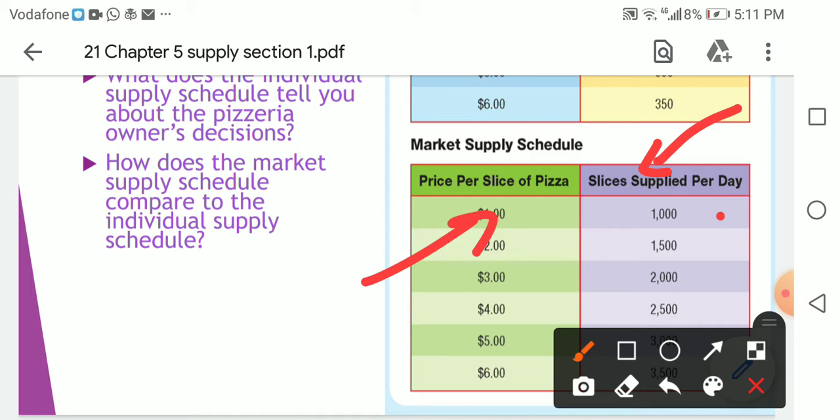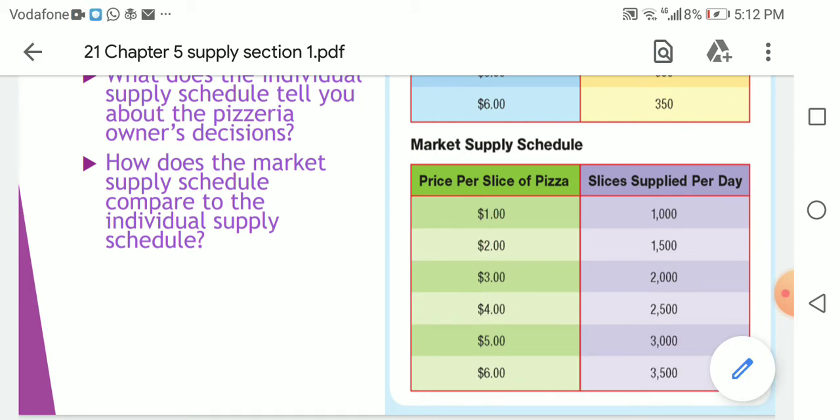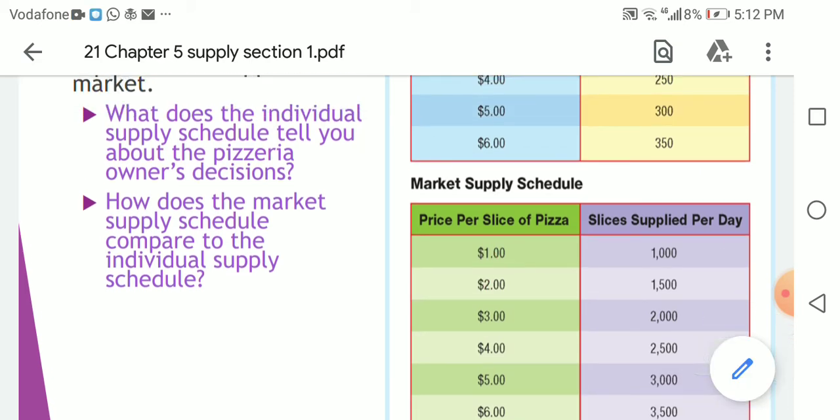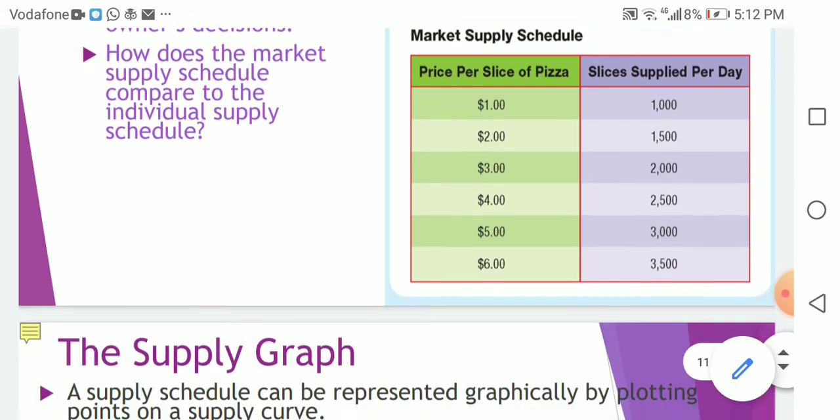What if I increase the price of the slice of pizza in all the shops in the same market? So it gives me 1500 and so on. So, what does the individual supply schedule tell you about the pizzeria owner's decision? And how does the market supply schedule compare to the individual supply schedule?